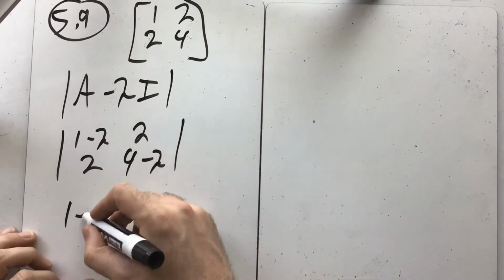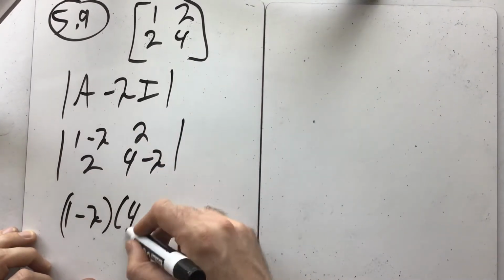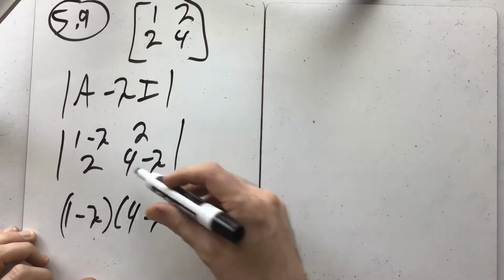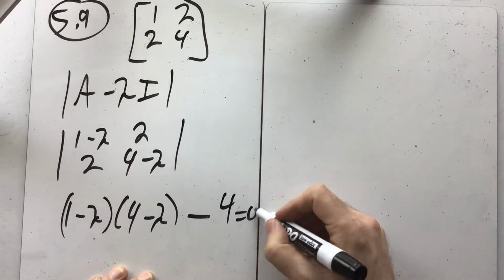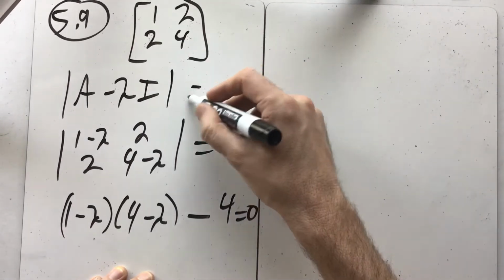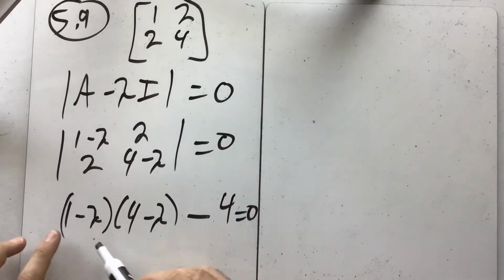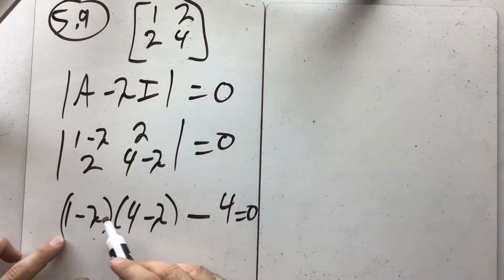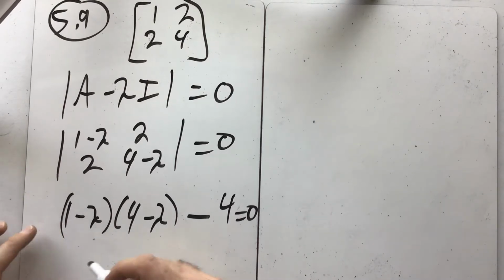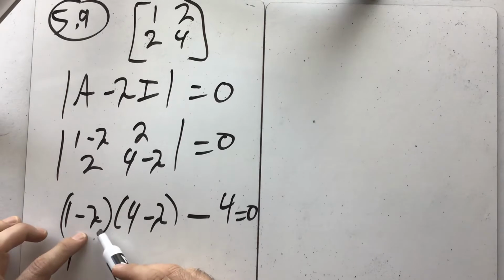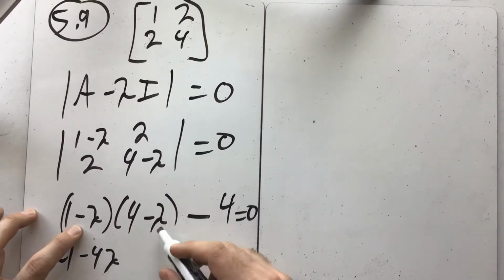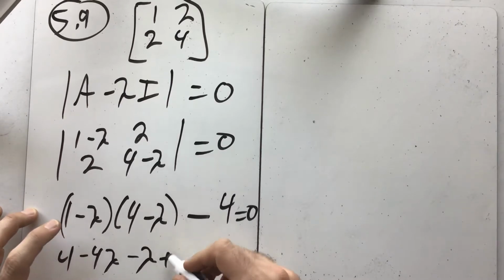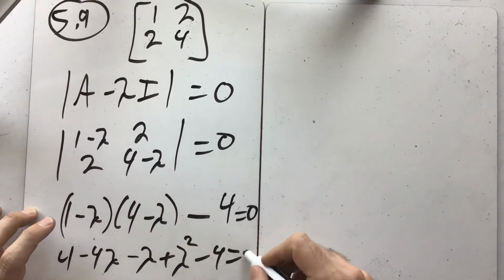We get 1 minus lambda times 4 minus lambda, minus, and we'll multiply those together, we get minus 4. And this is all equal to 0 because we want these determinants to always equal 0. So now we set this out, and we get 1 times 4 is 4, and then 4 minus 4 lambda minus lambda plus lambda squared minus 4 equals 0.